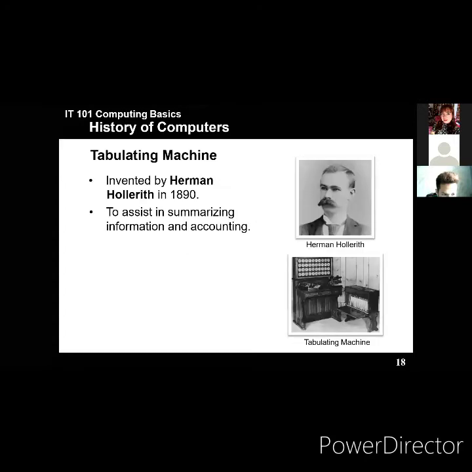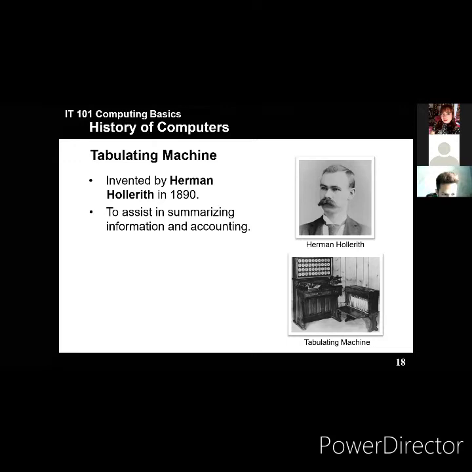Next is the tabulating machine by Hermann Hollerith in 1890. So, ito yung ginawa niya for the government kasi ang government ay nagsabi sa kanya to make a tabulating machine that computes the US Census to assist in summarizing information and accounting.